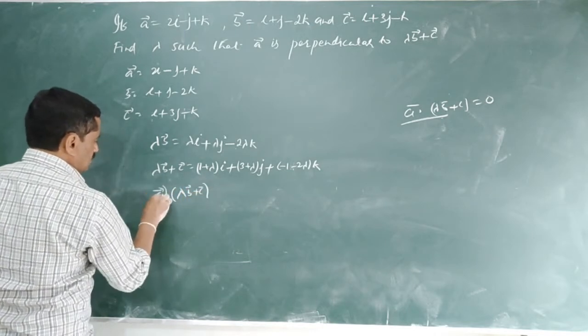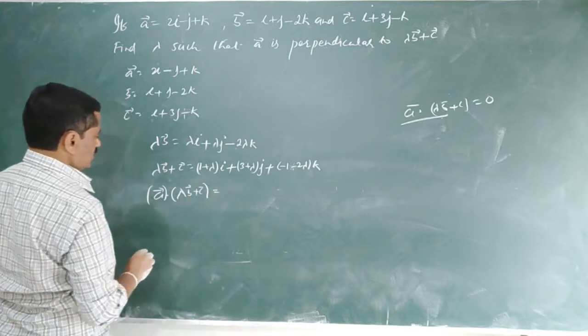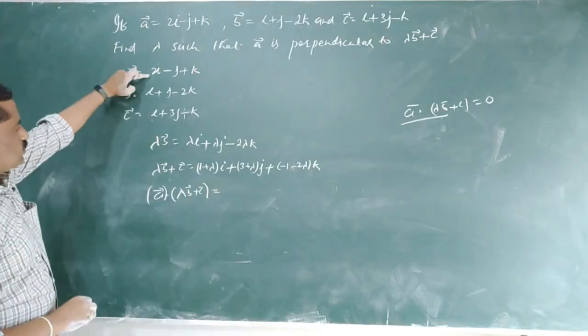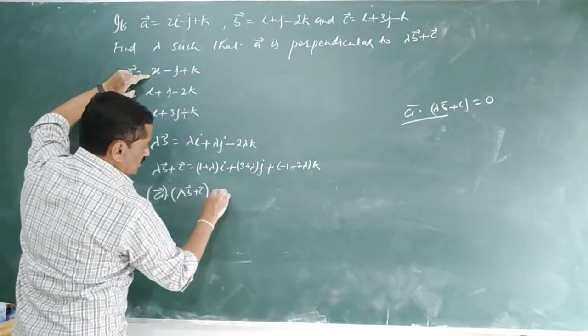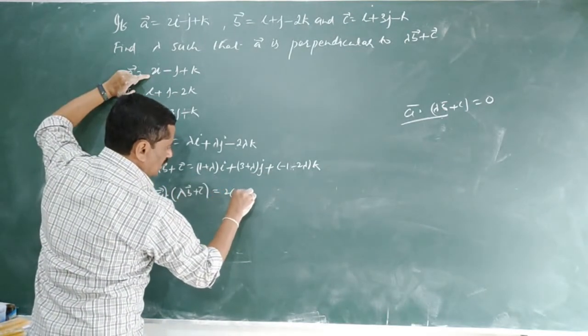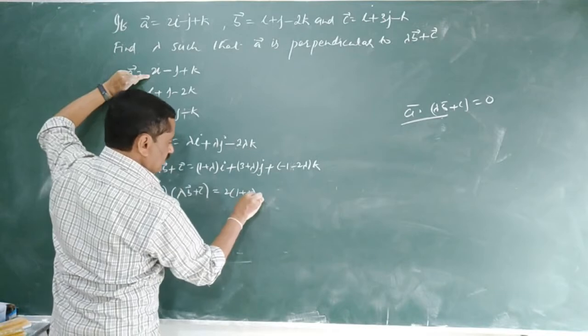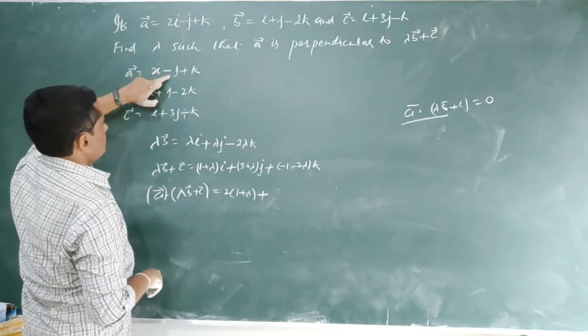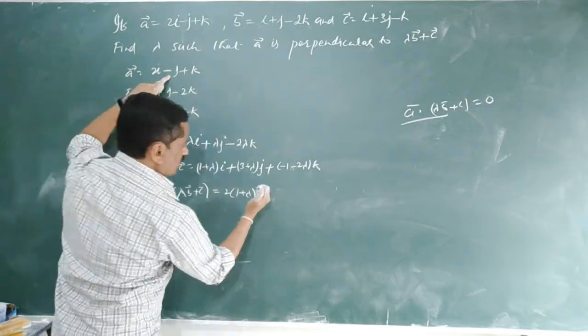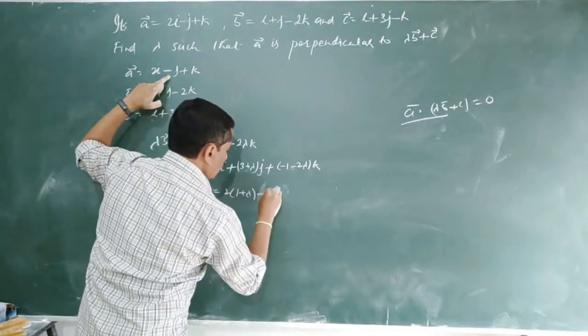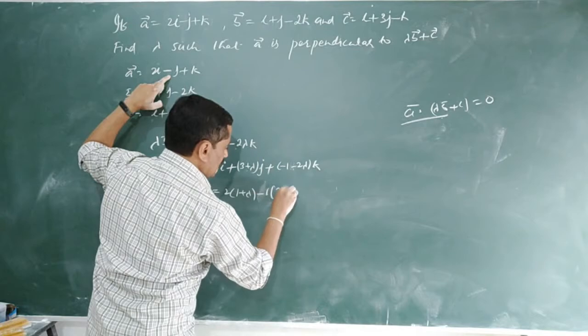Again, so that is equals to, so what is a bar here? We have 2, that is 2 of 1 plus lambda. Again we have plus, so here we have minus 1 into this, that is minus 1 of 3 plus lambda.